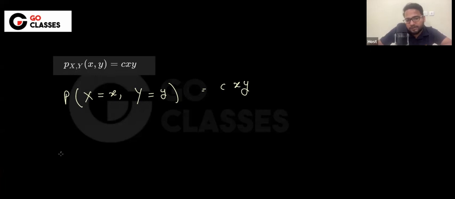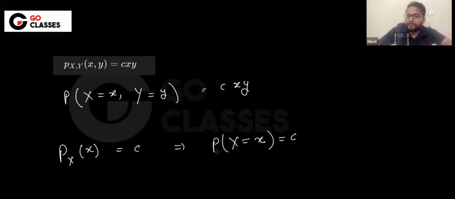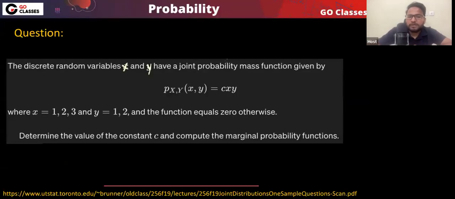If I'm writing something like this, it means I'm saying the probability of X equal to small x and Y equal to small y equals C, right? So basically this is a joint probability. Now what they're saying is, let the range of x be 1, 2, 3 and the range of y be 1, 2, and the function equals 0 otherwise. So this is the only range of x and the only range of y.